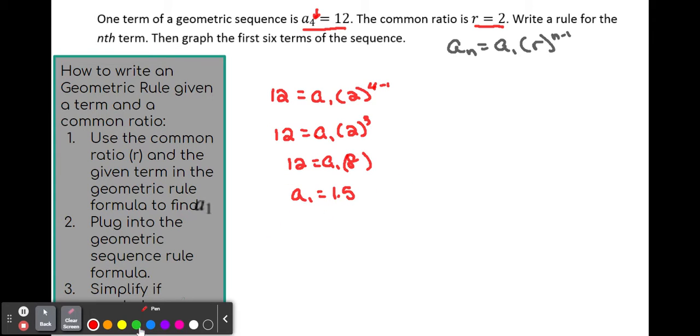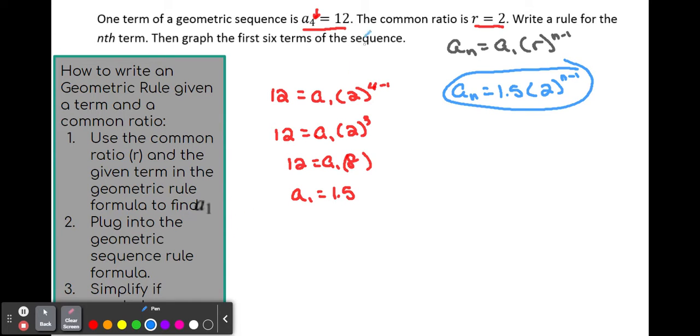Okay, and again, once you have that, you put it all together to write your generic rule as A sub n equals 1.5 times 2 to the n minus 1 power. Okay, so again, you just plug in, find your A1. It's really quick, easy to use your geometric rules here.